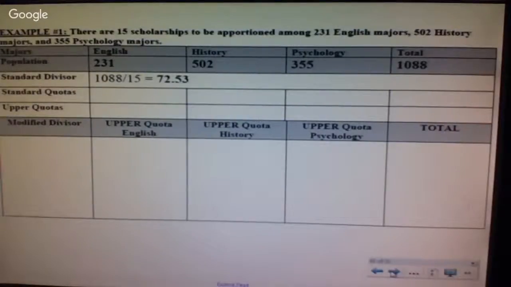So 231 divided by X, 502 divided by X, and 355 divided by X. Once you get that all in, go ahead and change your table start to your standard divisor that's already been given to you. So once you get all your y equals in, go to your window and type in 72.53, and go to your table.